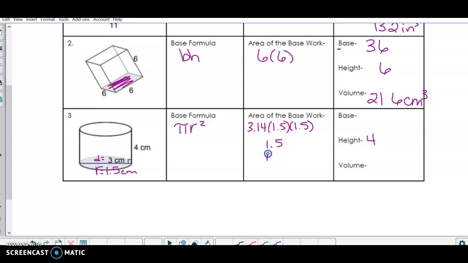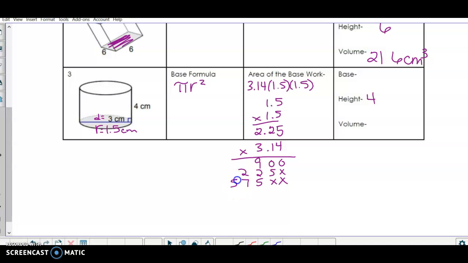So 1.5 times 1.5 is in fact 2.25. And then we need to do that times 3.14. 2 times 3 is 6, not 5. 5, 11, and 5 is 16. 10, carry the 1, 7.